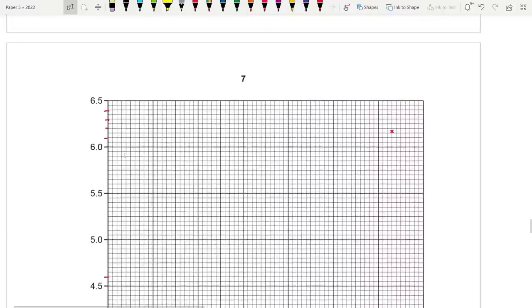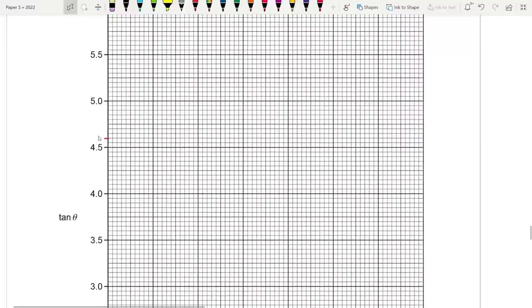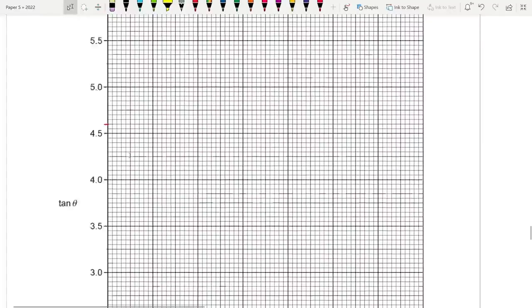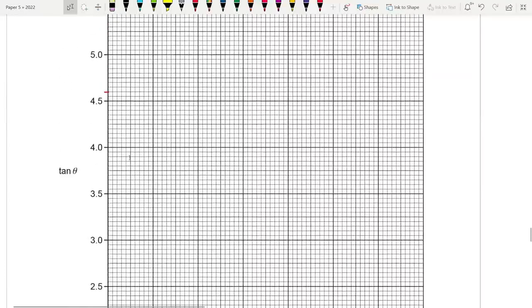Before we did 6.17, which was in between 6.1 and 6.2. Now we have 4.51. So it's gonna be just a bit higher than 4.5, just a bit higher. So it's 63 and just a bit higher. It should be over here. This is 4.51, okay? What about the next one?